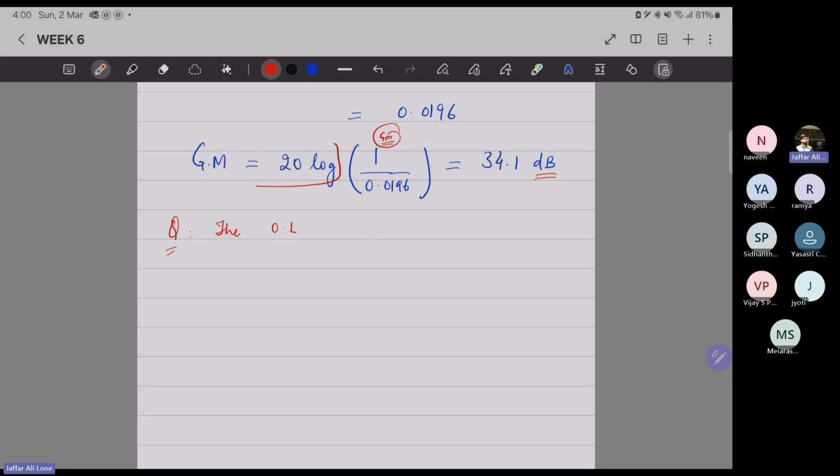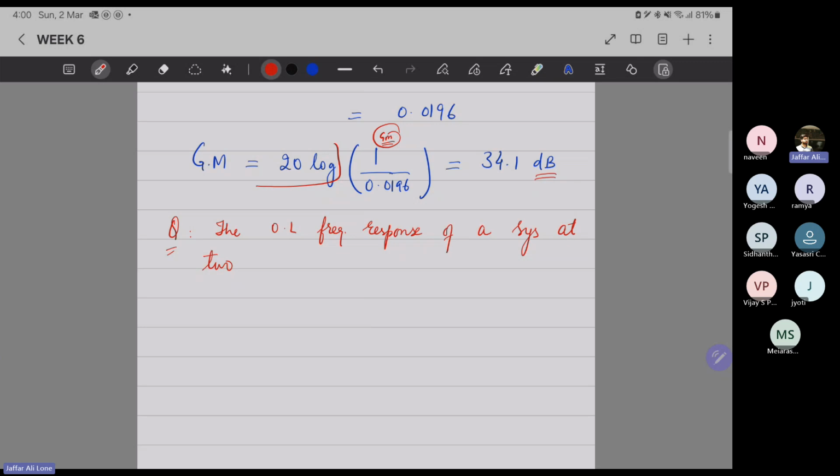Okay. So the open loop frequency response of a system, this is the last question. If you're able to understand it and solve this, then phase margin and gain margin is understood.